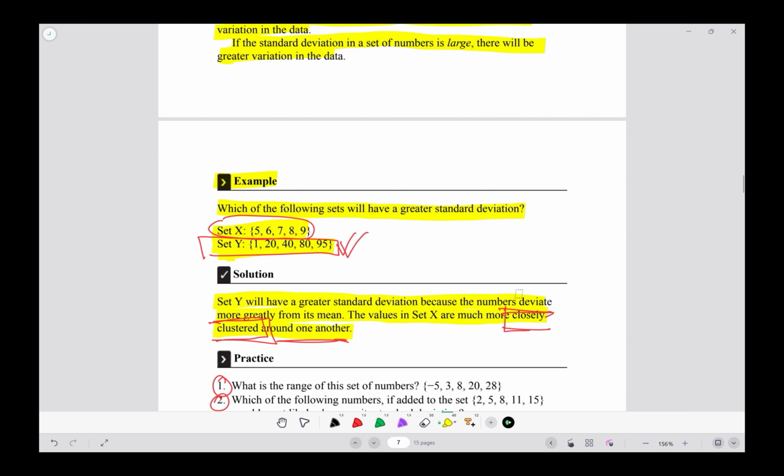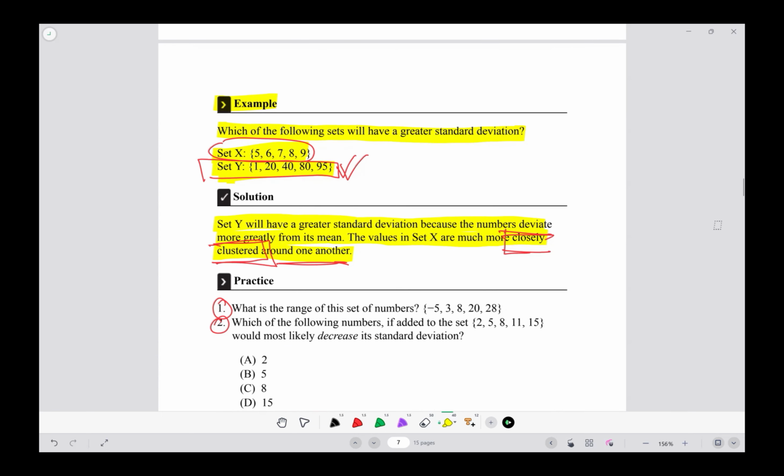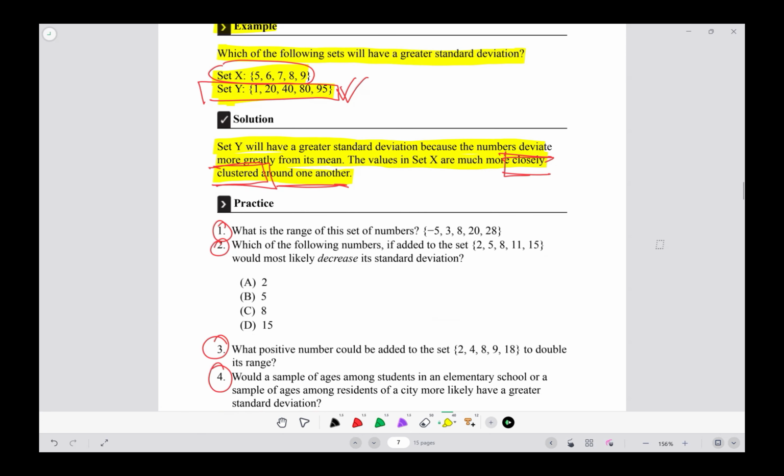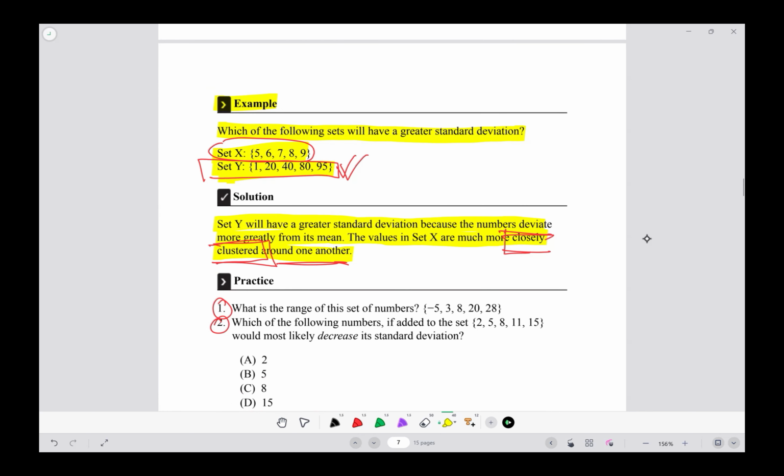We are not asked to find the standard deviation because calculating it is not that simple. We have learned that the more closely clustered the data, the less standard deviation.